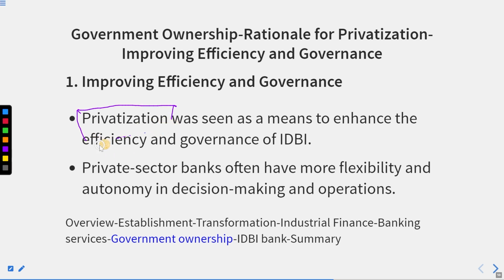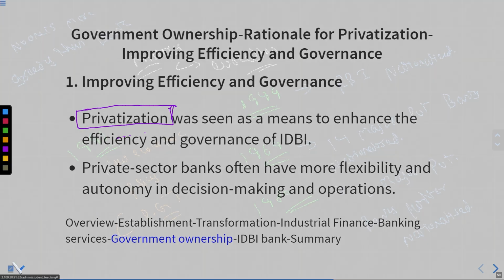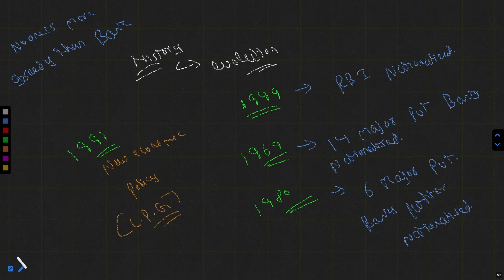Okay, so I have built a historical plot for you in which I told you why there was a need for privatization, how privatization started, and before this, why the private banks were converted into public entities and then converted into private entities.